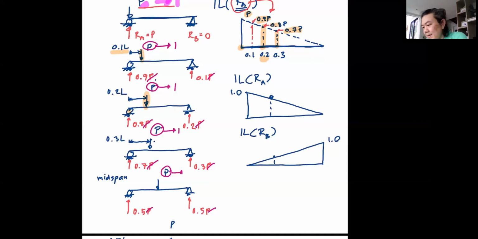Okay, but that's not it. We can also create other design functions out of this.